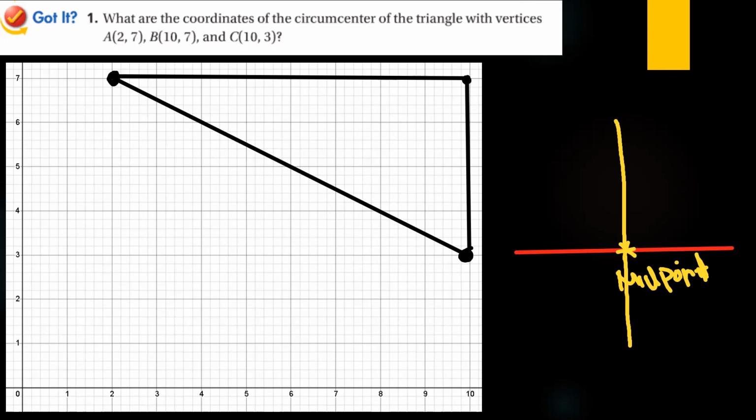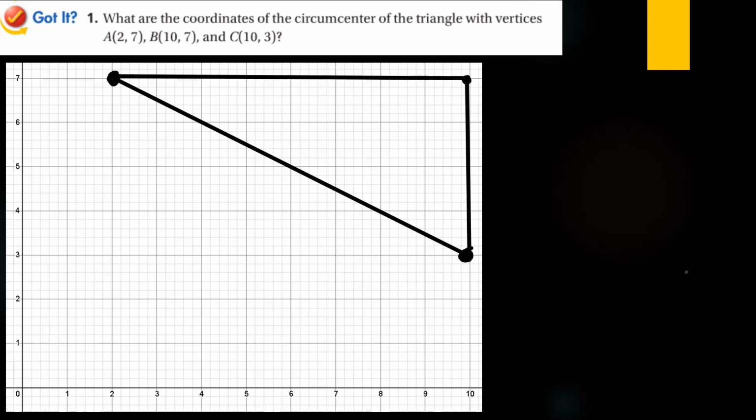So how did you find the midpoint? We can find it from the shape, or there's a formula that you took before: x1 plus x2 over 2 and y1 plus y2 over 2.